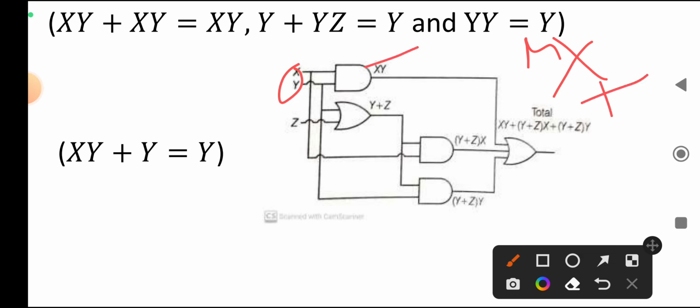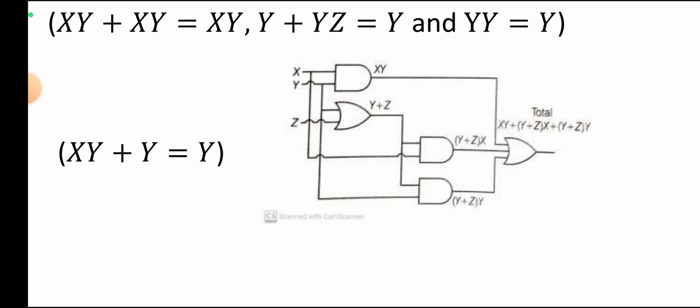The OR gate is connected to z and this one, giving y as output, which is input to this gate, and here it is directly connected to x. So the AND gate again multiplies these two.